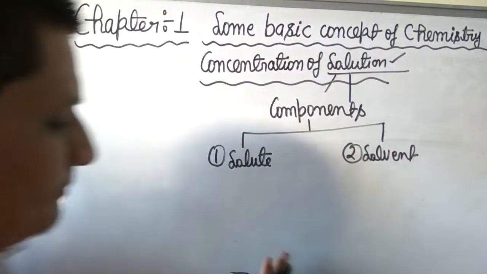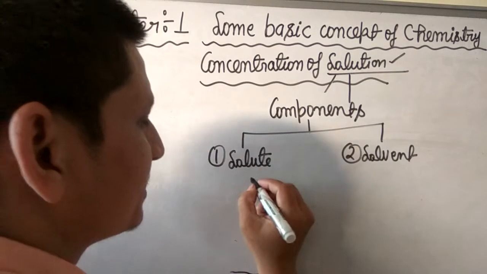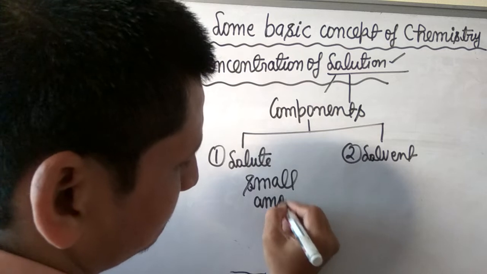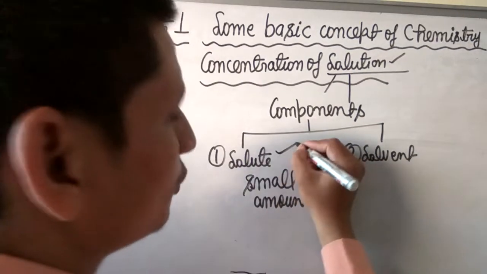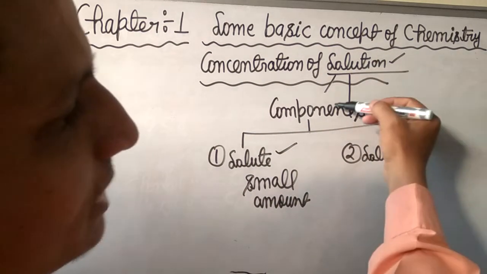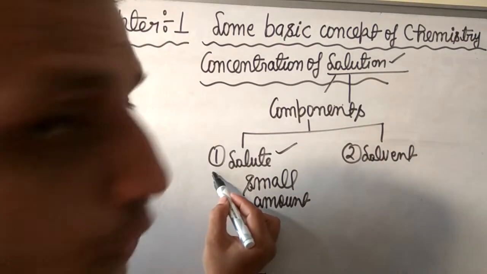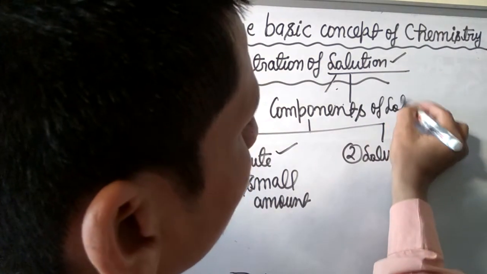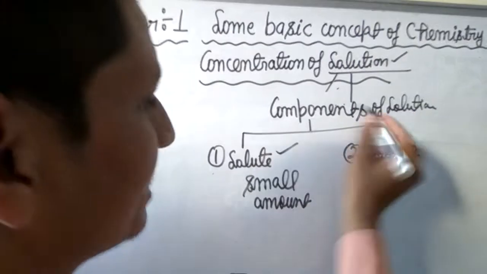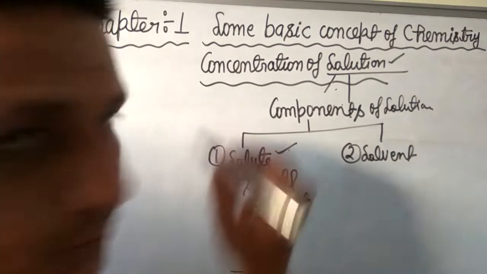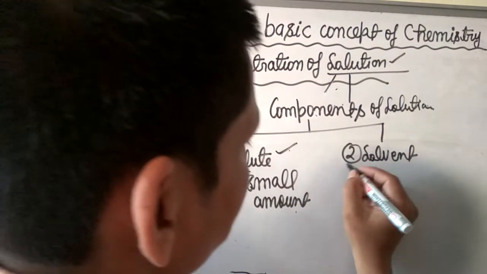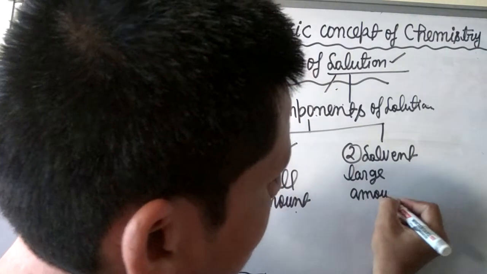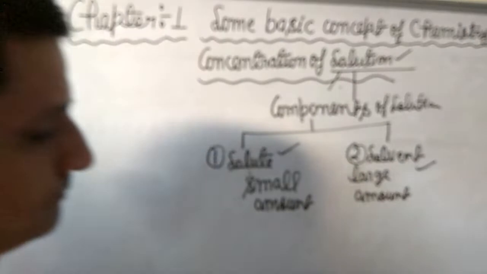The component of solution present in small amount is called solute. The component of solution present in large amount is called solvent.